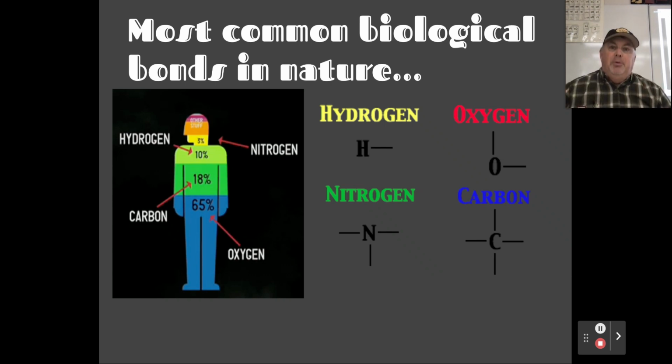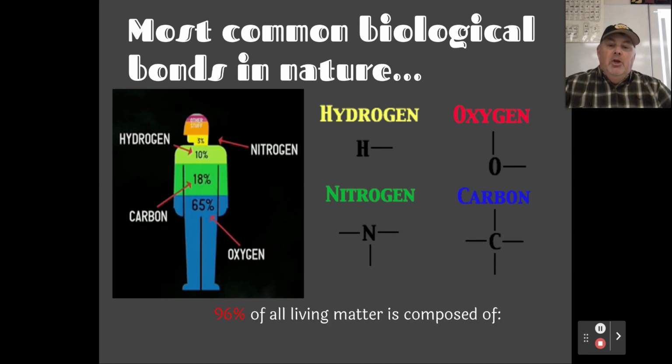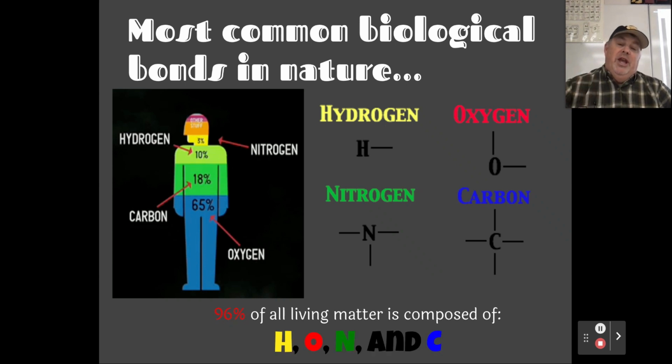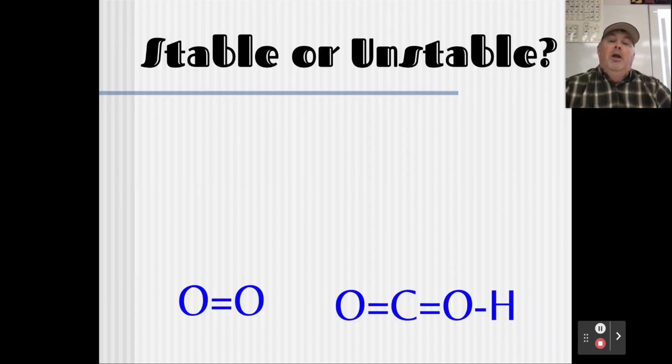So when we go exploring places currently, we're looking for carbon-based life forms and even the presence of water for life to exist. So 96% of all living things are made up of hydrogen, oxygen, carbon, and nitrogen. We refer to this as HONC.